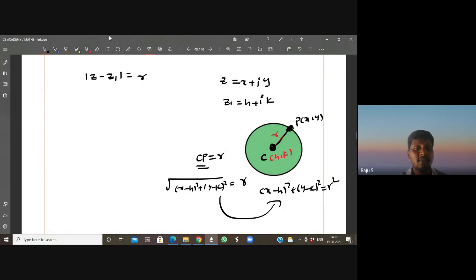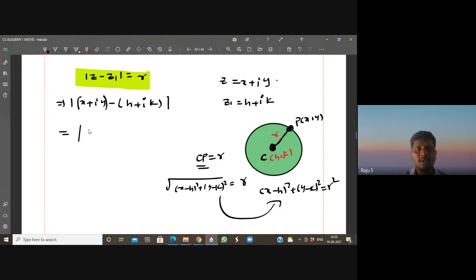So what is the equation of a circle in complex form? Yes, this is. See here also, same. When I convert here, substitute here. What is the z value? X plus iota y. What is the z1 value? H plus iota k, modulus.